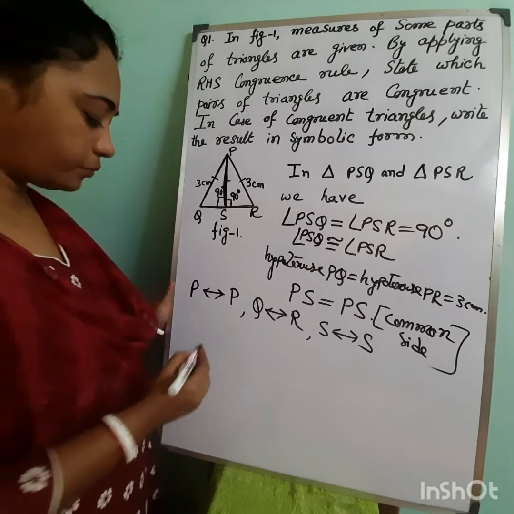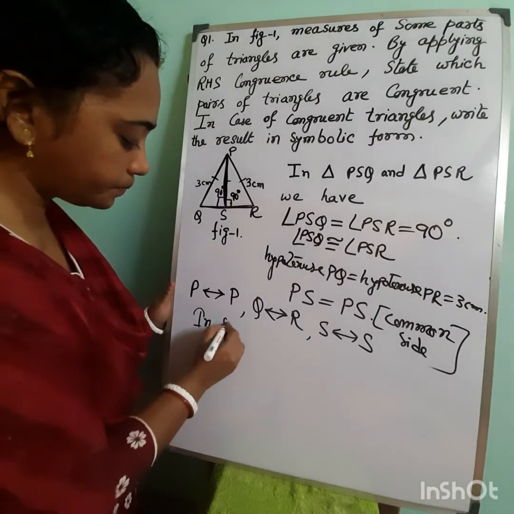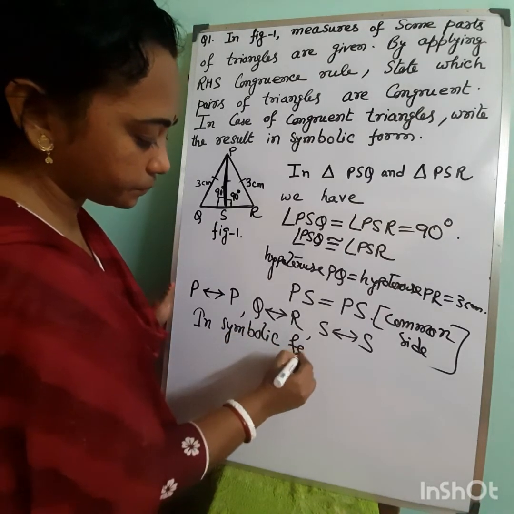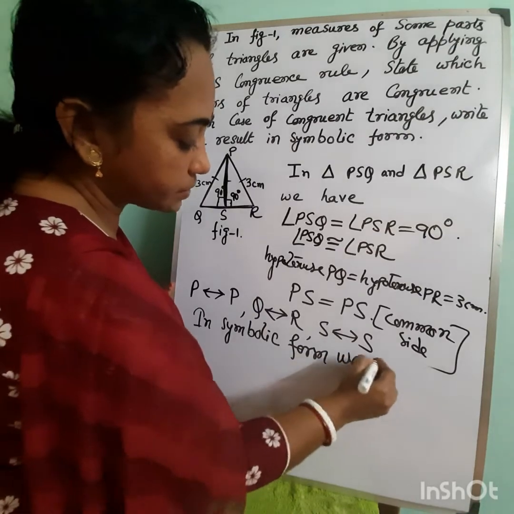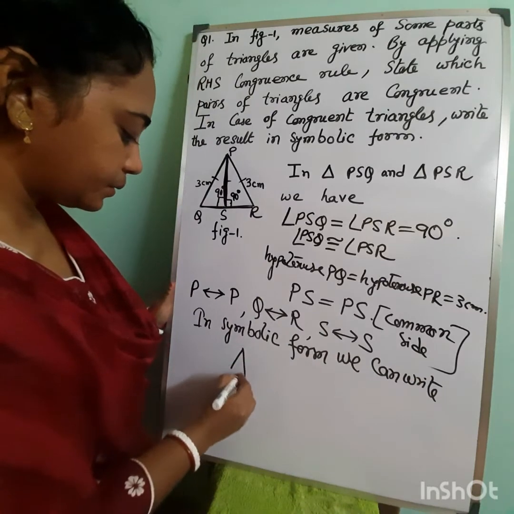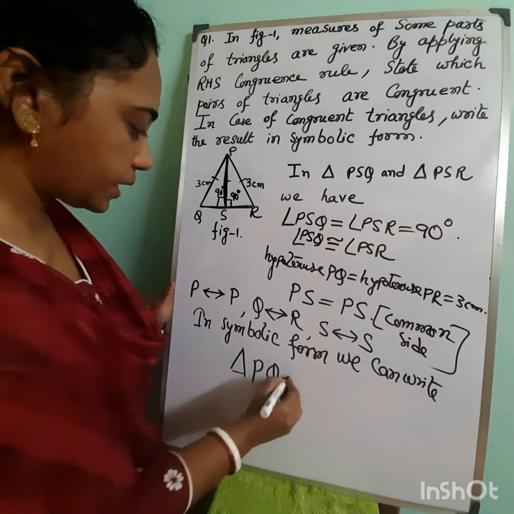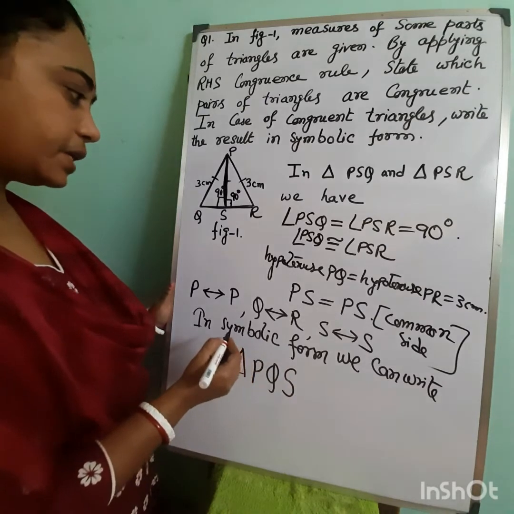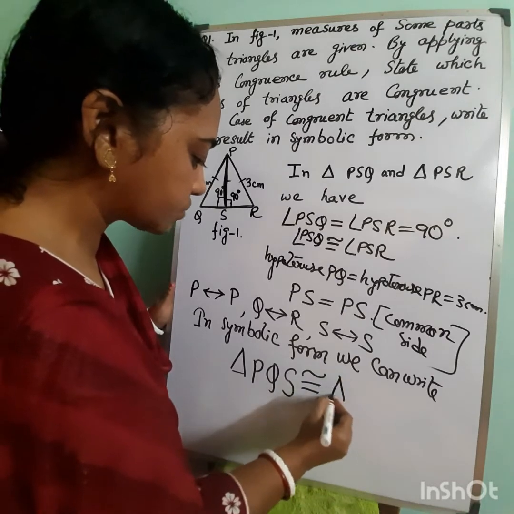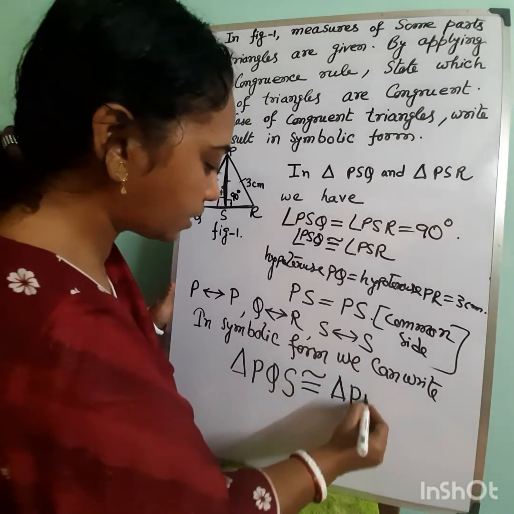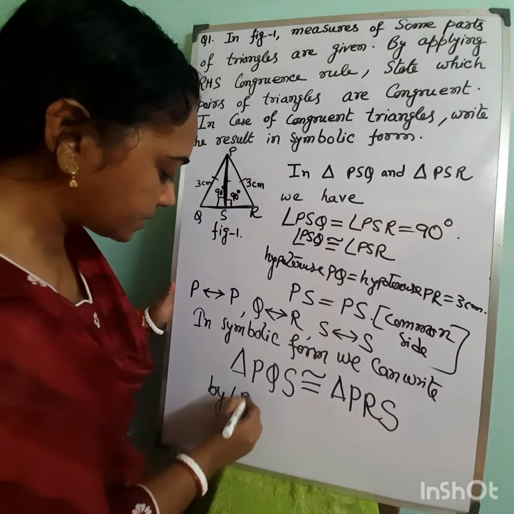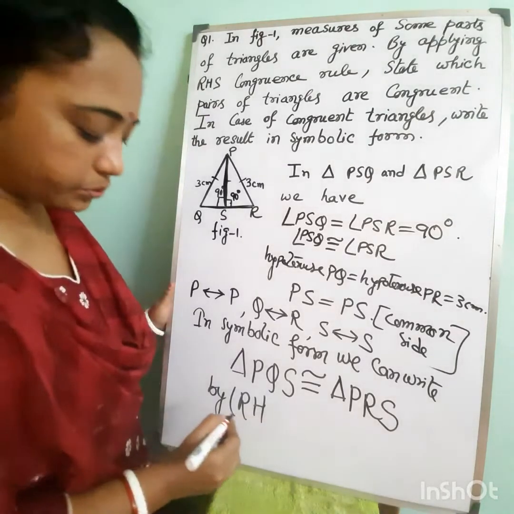So in symbolic form, we can write triangle PSQ is congruent to triangle P, in place of Q we will write R, and in place of S we will write S, by RHS, right angle hypotenuse side.